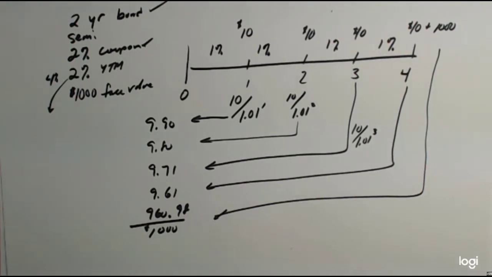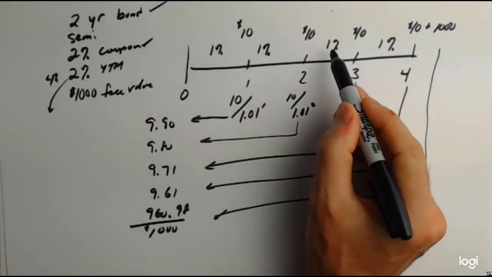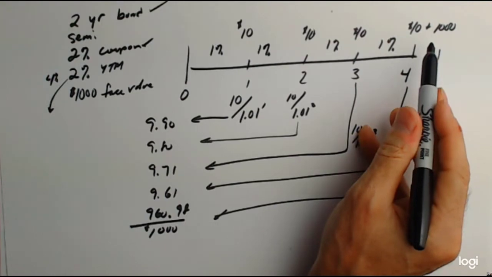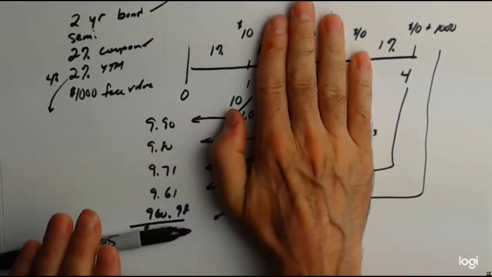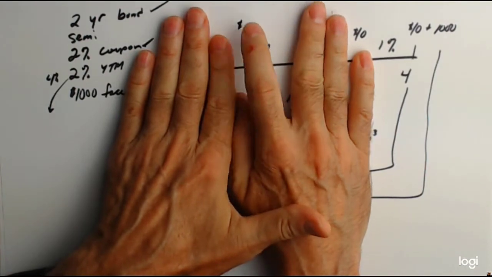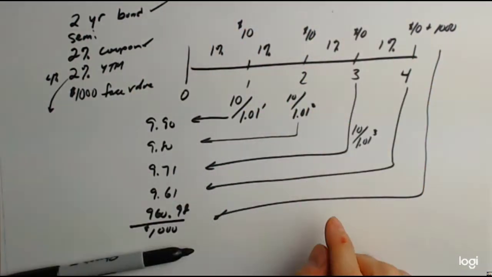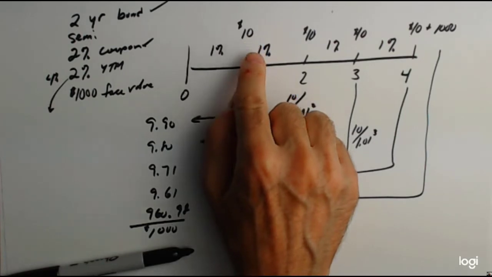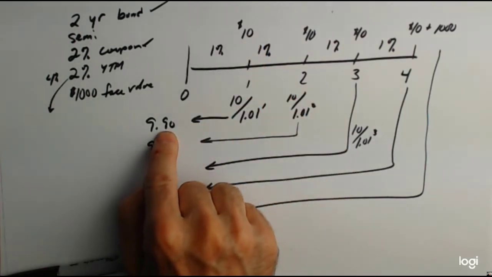Now, what does this have to do with zeros? Well, everything. Each one of these cash flows can be thought of as a zero coupon bond. So just that $10 cash flow right there is a zero. And how much is that zero worth? Well, it's worth $9.90.